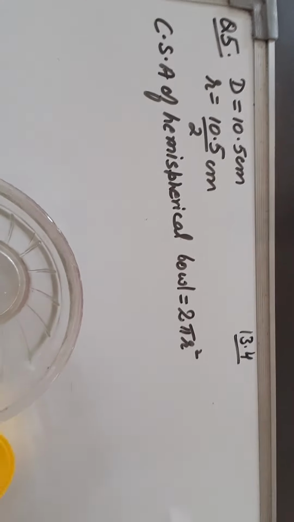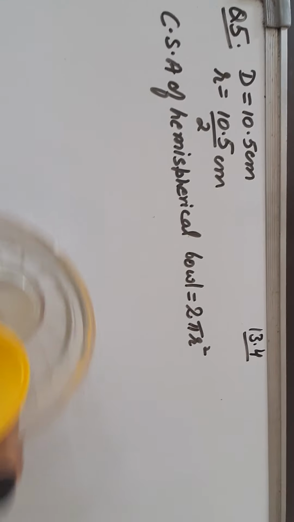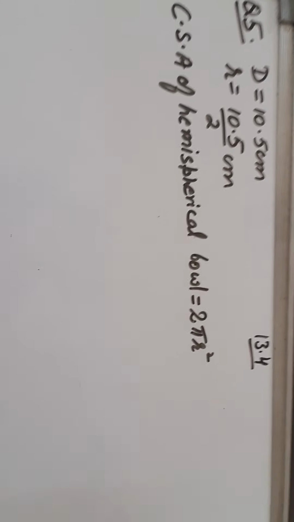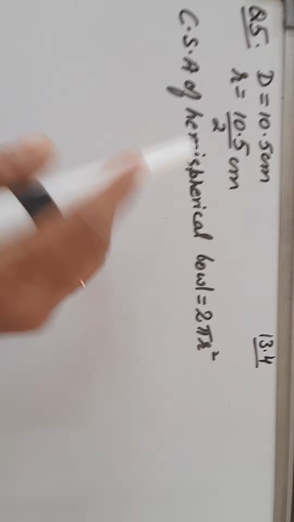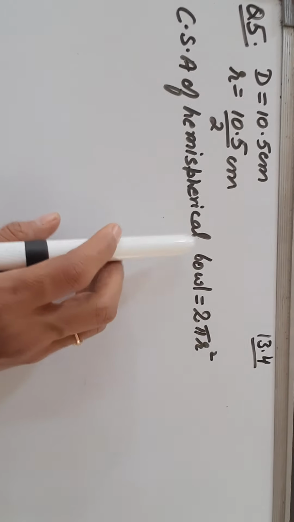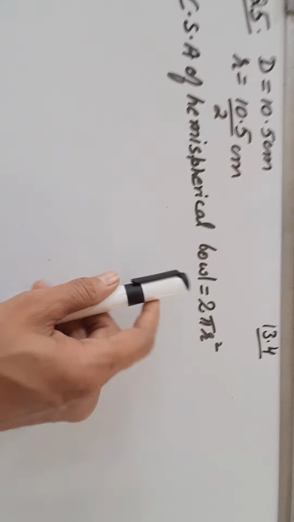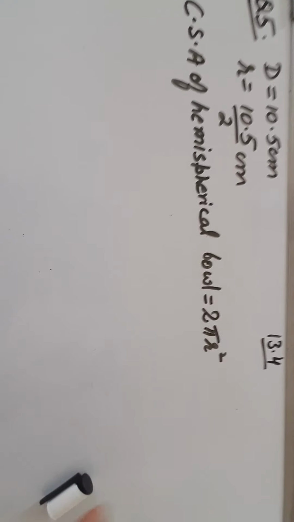So for that, let's see what is given to us. Inner diameter is given to us, that is 10.5 centimeter. Radius will be half of it, that is 10.5 by 2 centimeter. Because we have to use only curved surface area, let us find out the curved surface area of the bowl, which is 2 pi r square, as you know the formula. So let us put the values.